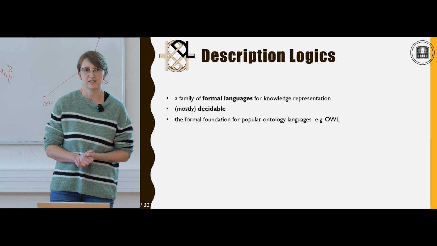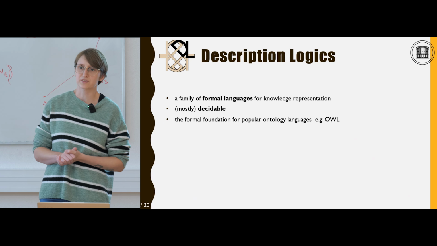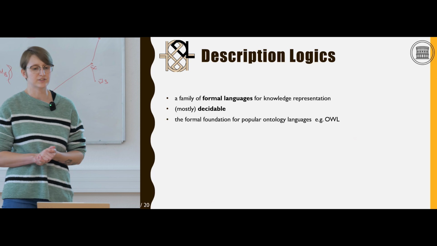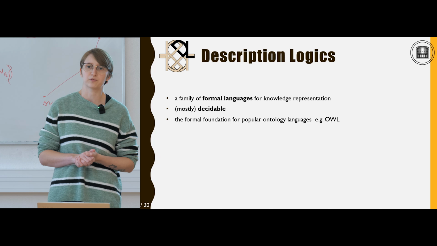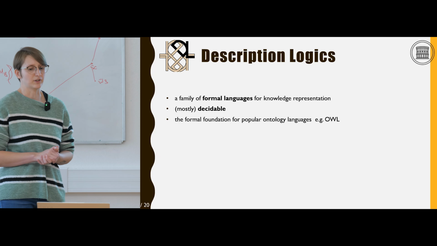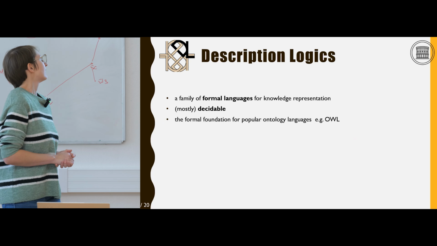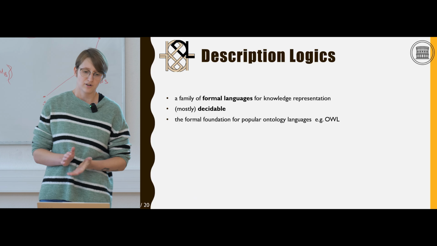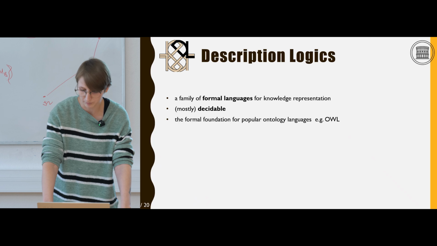Okay, but to work and reason over knowledge, we first need to formalize it. For this, we use description logics, and they are basically a family of formal languages that were designed to represent knowledge. They are mostly decidable and they are a formal foundation for widely used ontologies like OWL, for example.